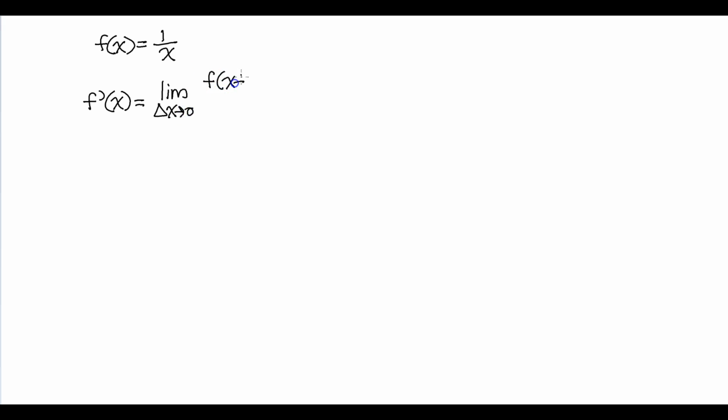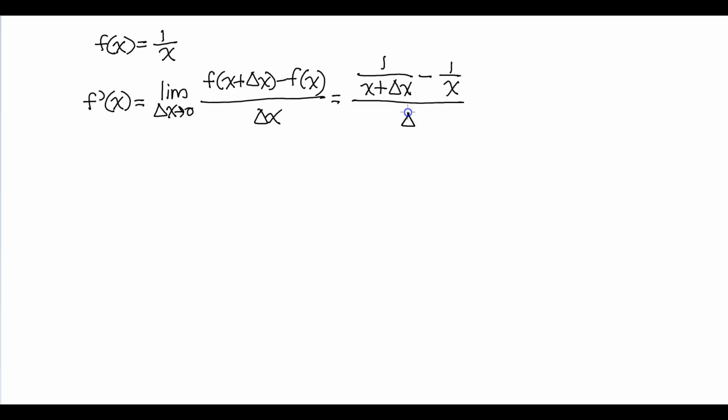F of x plus delta x minus f of x over delta x. So what we're going to do now is evaluate the function for each term in the numerator. So you have 1 over x plus delta x minus 1 over x over delta x.